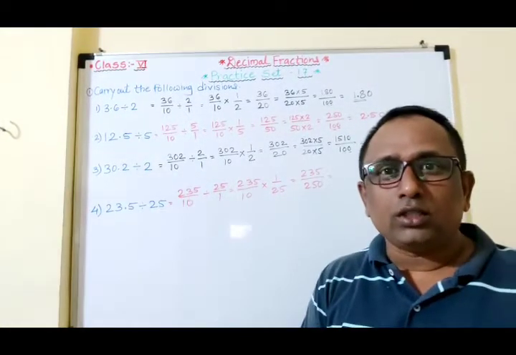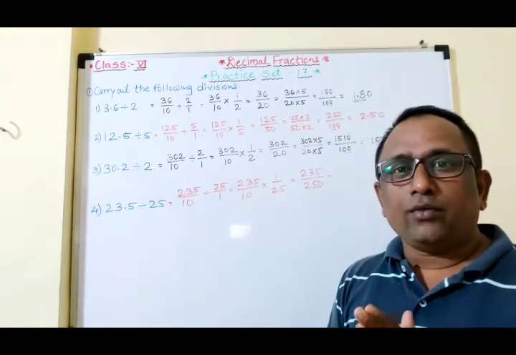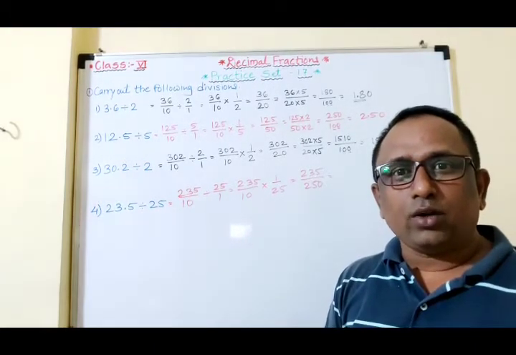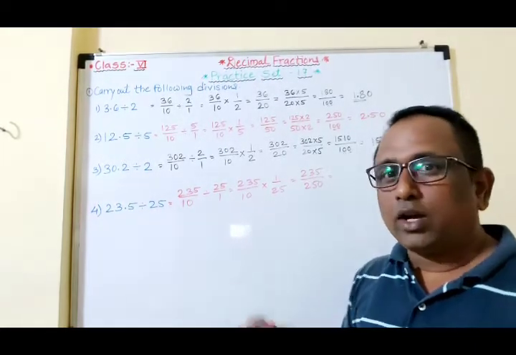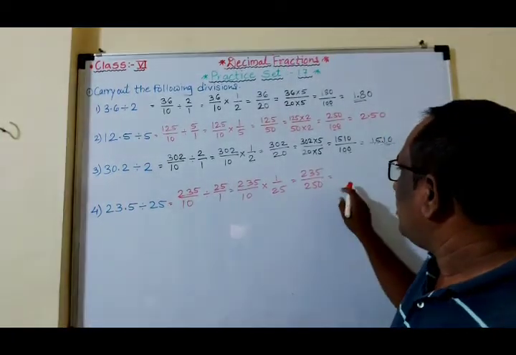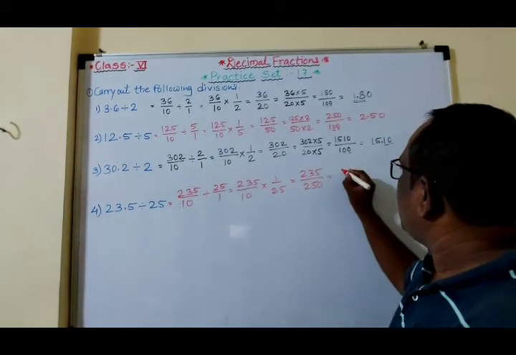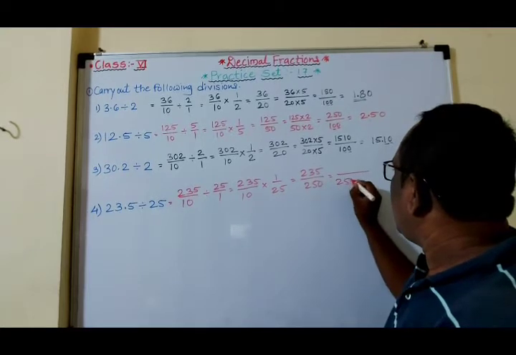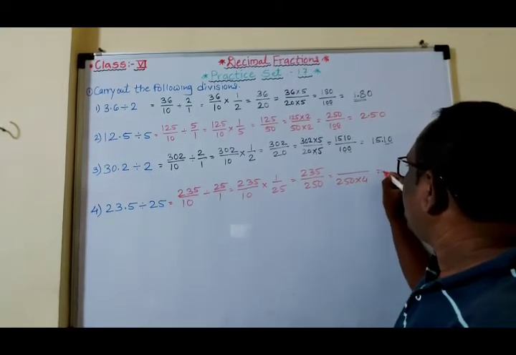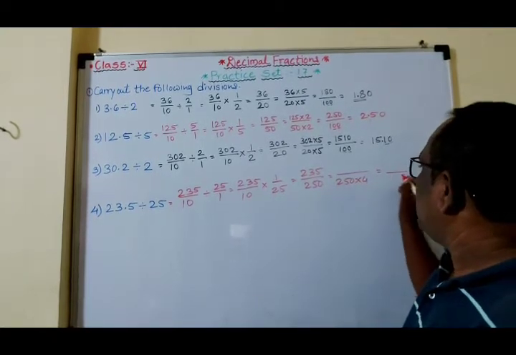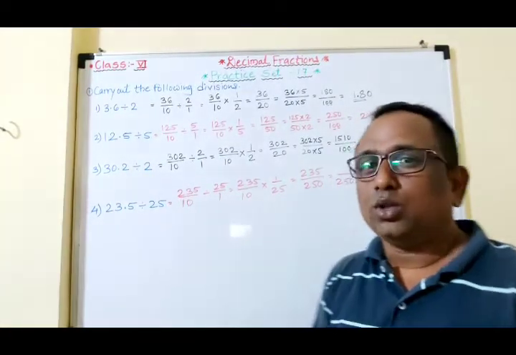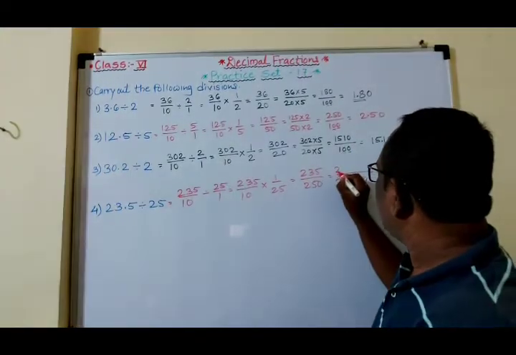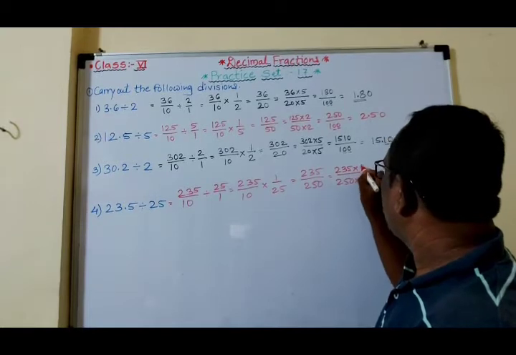Why? I told you because 10 is less than 250, 100 is also less, so we cannot make that. So here we multiply 250 by 4, then we get the denominator 1000. Okay, so the numerator also we have to multiply by 4.